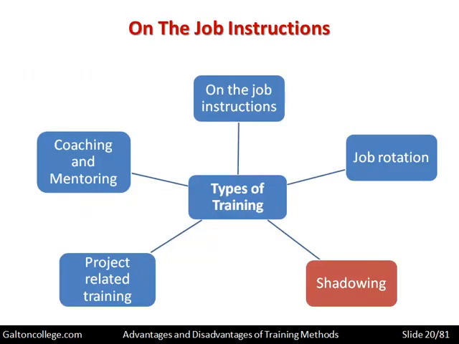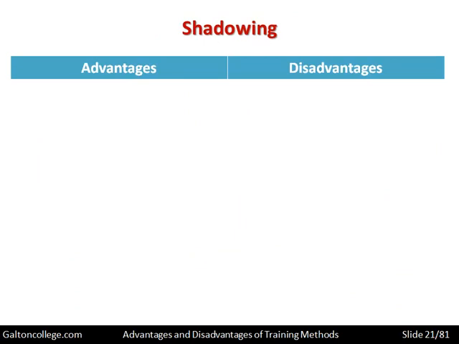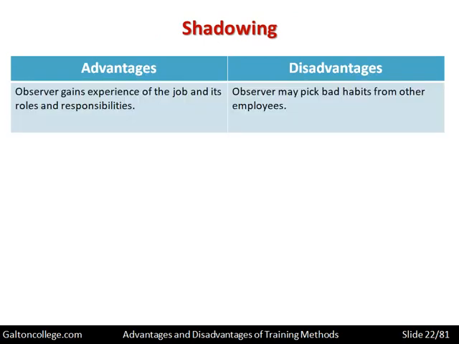Now let's move to shadowing. Again, advantages and disadvantages. To start, in shadowing, the observer gains experience of the job and its role and responsibilities. So that's an advantage. The observer, the person who is watching the experienced worker, is gaining experience.